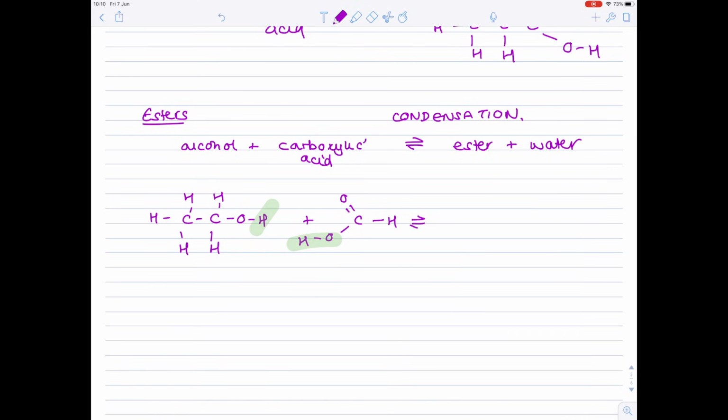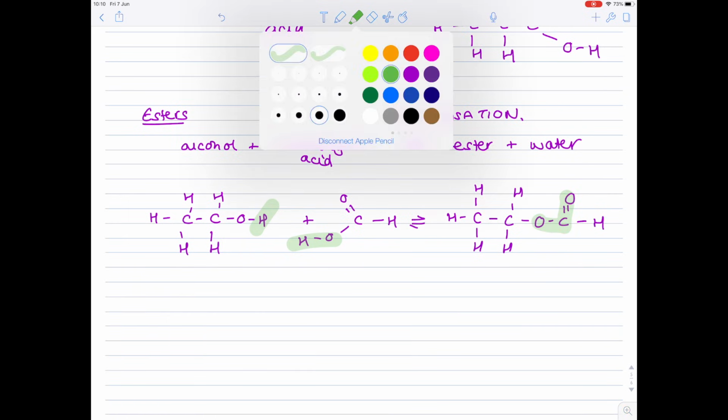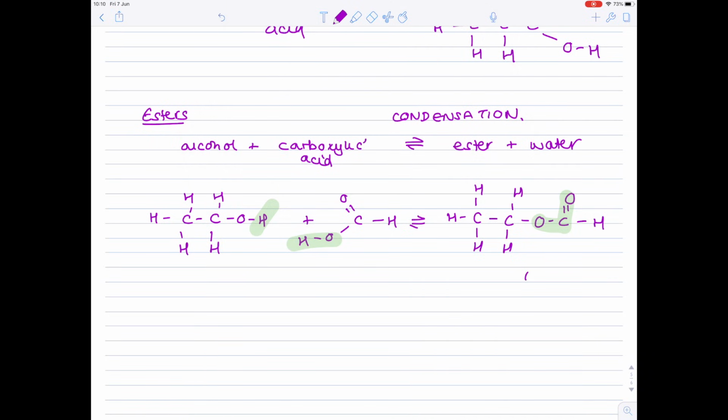And then you effectively pop them together. So you combine those ends to get this structure. And notice that this is the functional group of the ester. And we've made H2O as a byproduct.